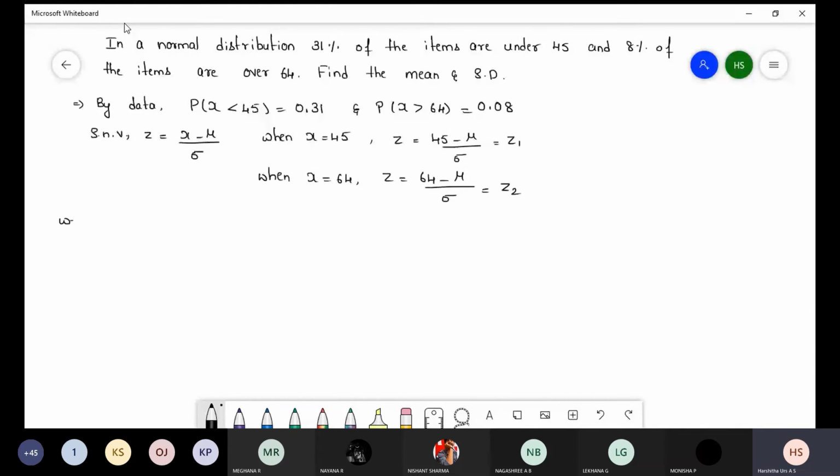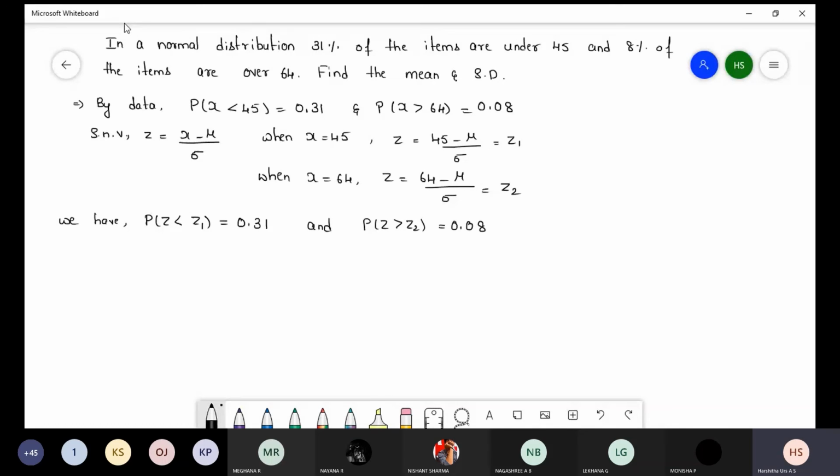So we can write P of Z less than Z1, that value is 0.31, and P of Z greater than Z2, that is 0.08.